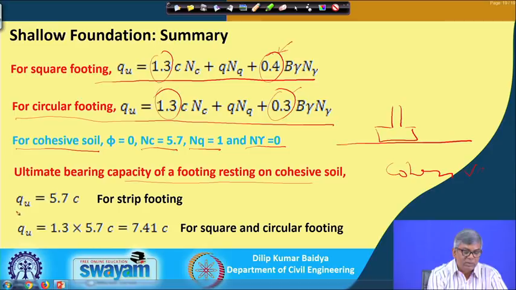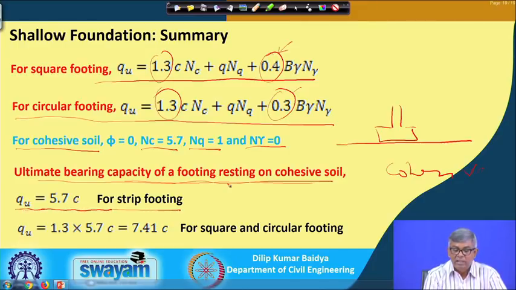So, the ultimate bearing capacity of a footing resting on cohesive soil will be only 5.7 C for strip footing, where NC is 5.7, given by Terzaghi.